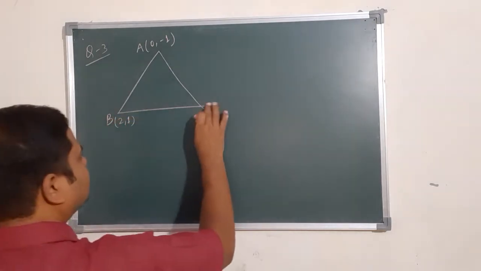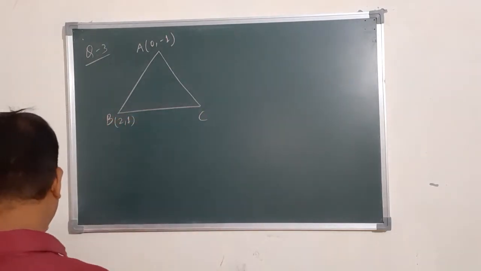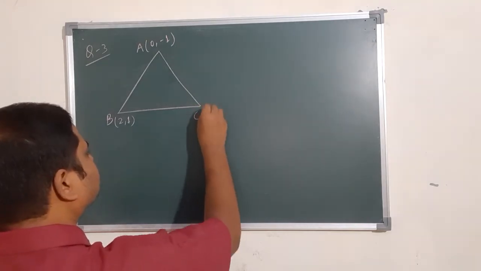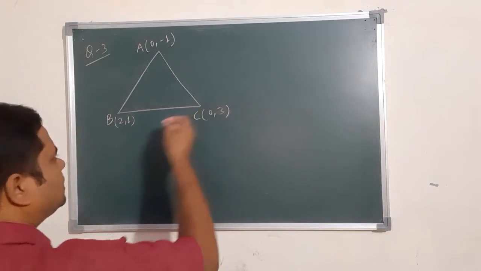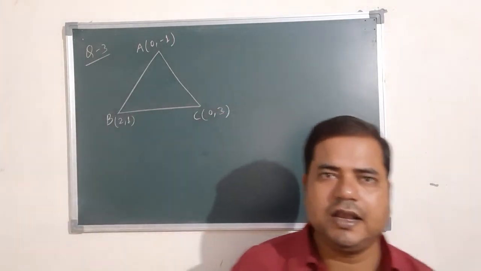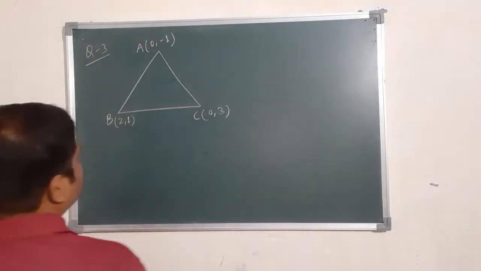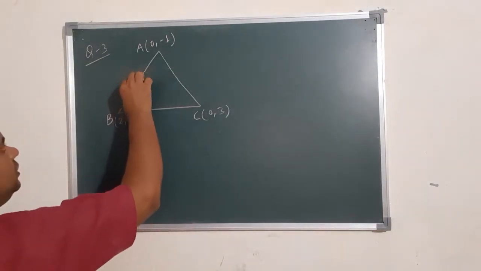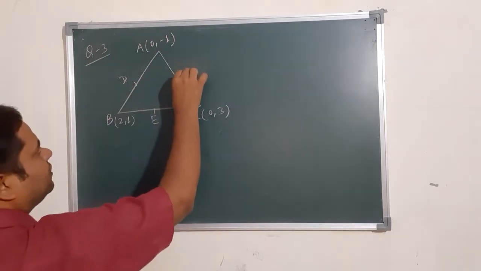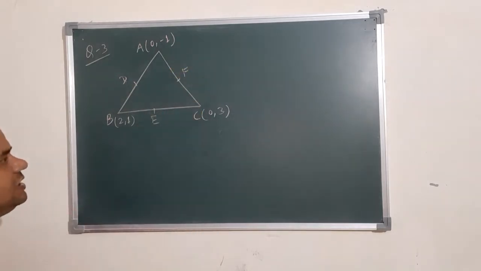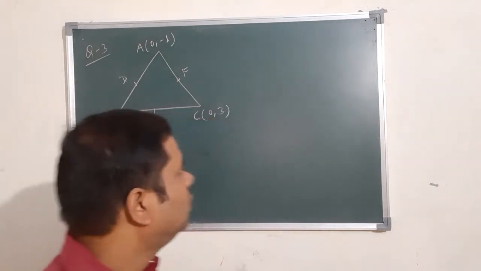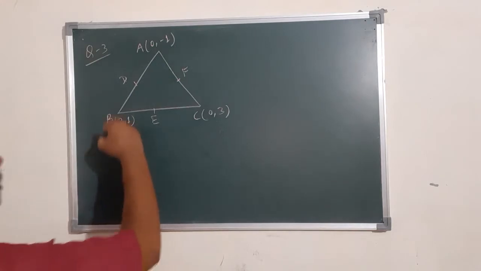And C, this is 0, 3. So this is the triangle. First of all, we find the area of this triangle ABC. And suppose D, E and F are the midpoints of the sides of this triangle. So first of all, we find the coordinates of the midpoints.